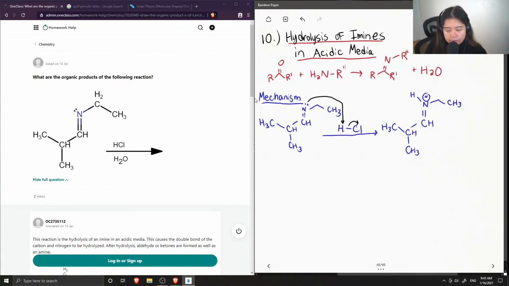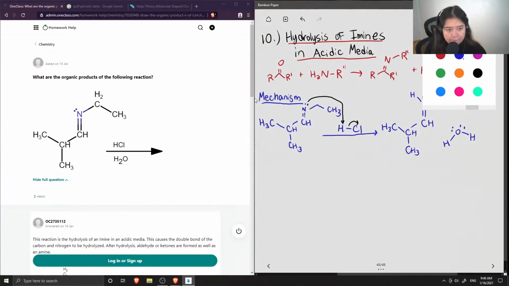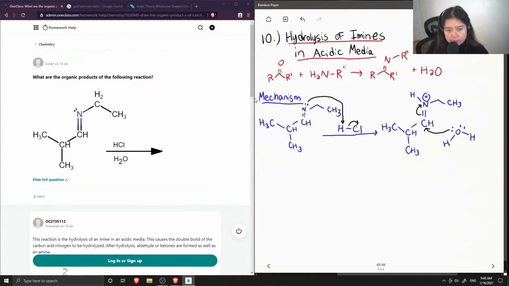So to relieve that positive charge, this is when a water molecule can come in and attack this carbon, which moves this double bond, or the electrons in the double bond, to neutralize that nitrogen atom.